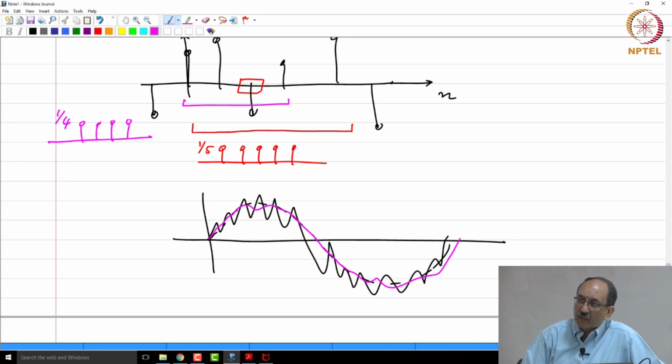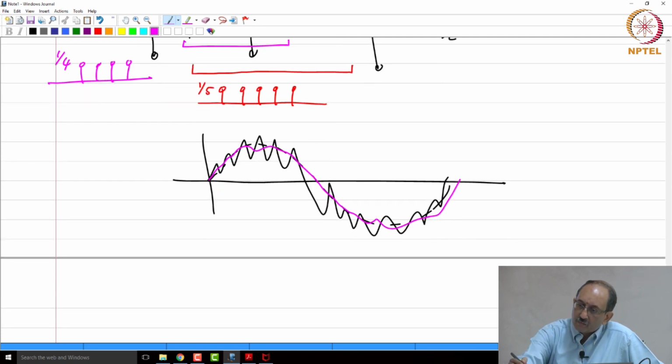Suppose the filter length N is 11. Then the group delay is (N minus 1) by 2, so this will be 5. Therefore, if you take the filtered output, which is a cleaned up version of the original noisy signal, and delay it back by 5 samples, you can time align the noisy input and the cleaned up signal.